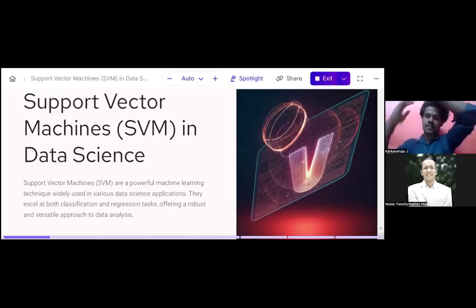They excel at both classification and regression tasks, offering a robust and versatile approach for data analysis. Support vector machines, SVM as we call it in short, is a very powerful tool, guys.